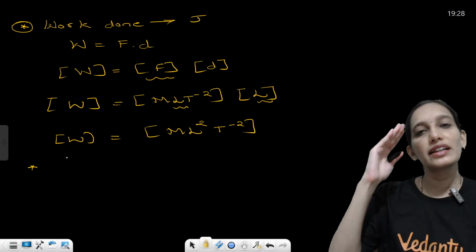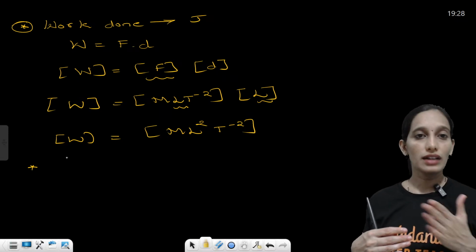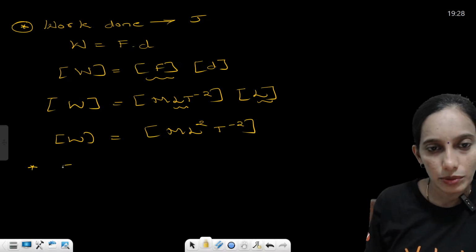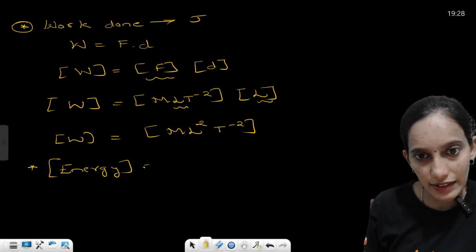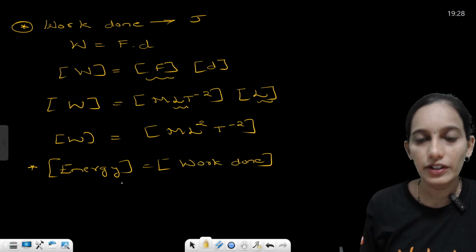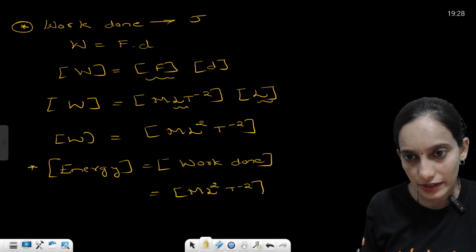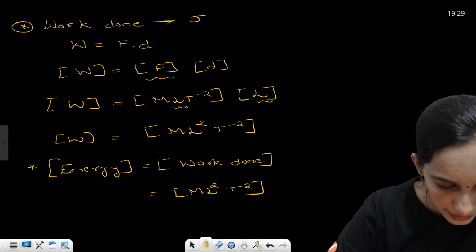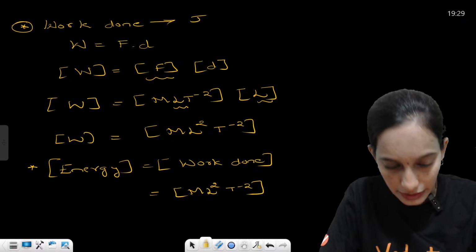If the unit is the same, the dimension will be the same, but it need not always be that the same dimension means the same unit. So now we can say the dimension of energy is the same as the dimension of work done, which is ML square T minus 2. Hope it is clear. Any doubts, please let me know.